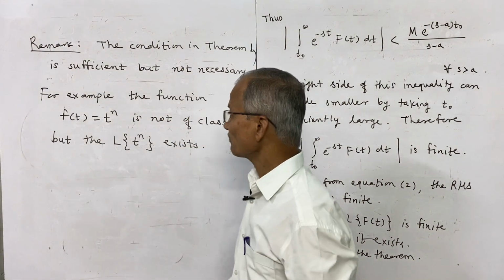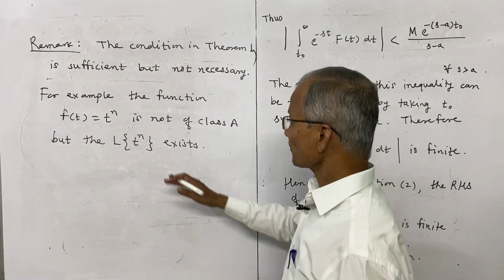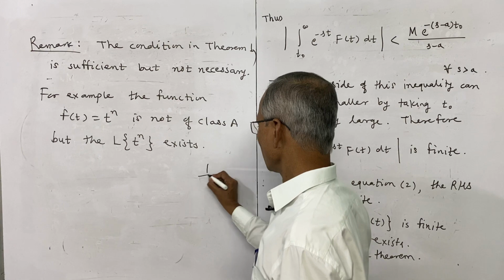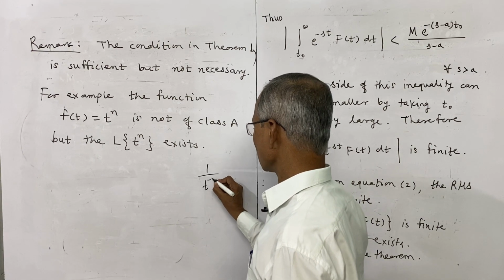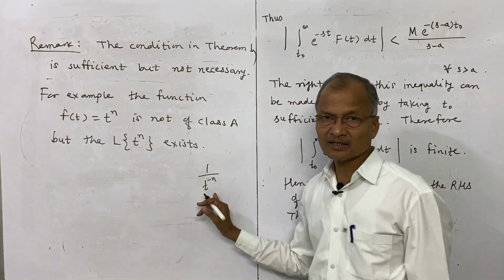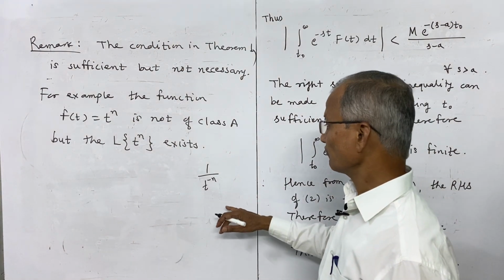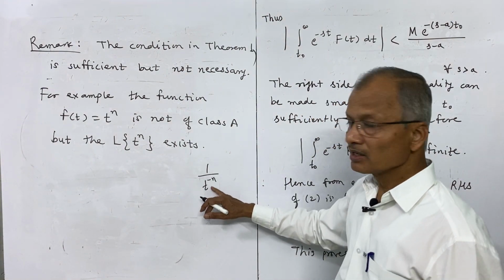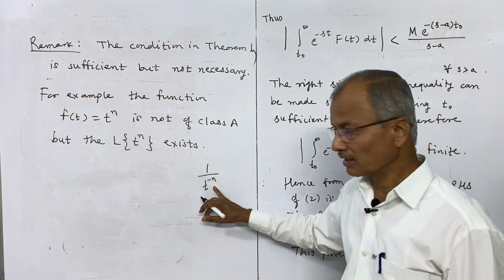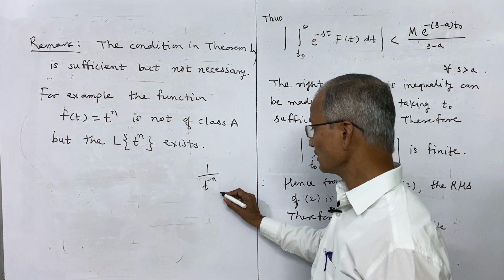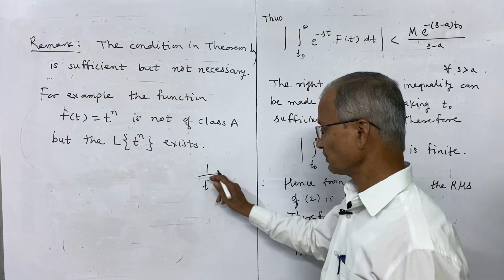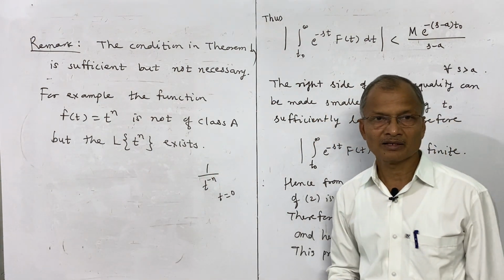It is not a function of class A because it can be written as t to the power minus n, and if n is a negative value, then we can write it as 1 over t to the power minus n. So this is not continuous at t equal to 0. This function is not continuous at t equal to 0.